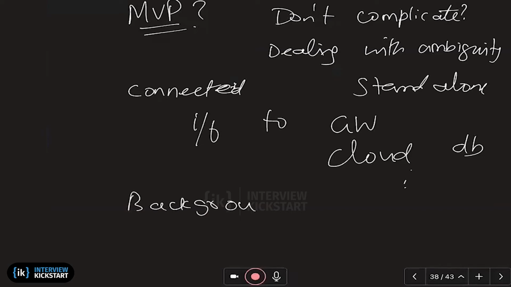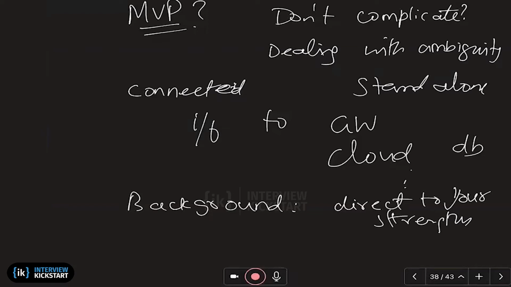In the interview, you might have experience working only on an embedded device. You have no idea about the cloud. So it's an opportunity for you to direct to your strengths. So don't get into areas which you are not strong in, right? You may end up in trouble.